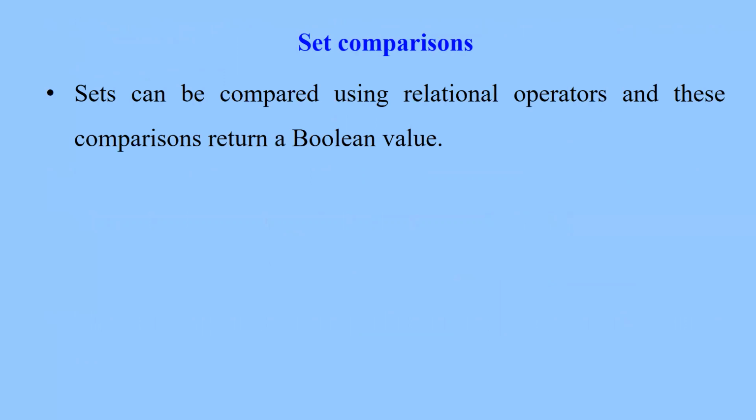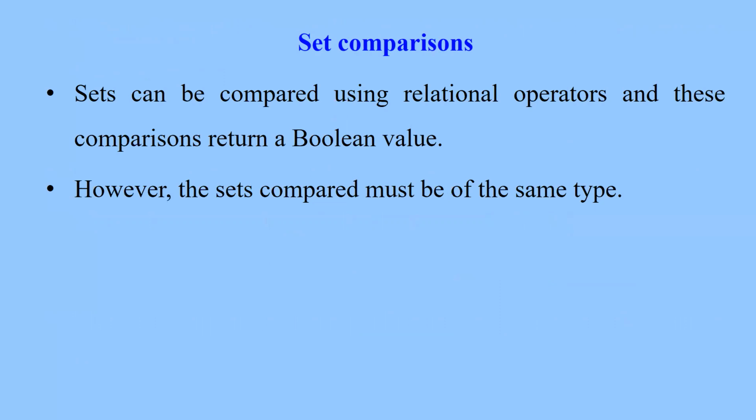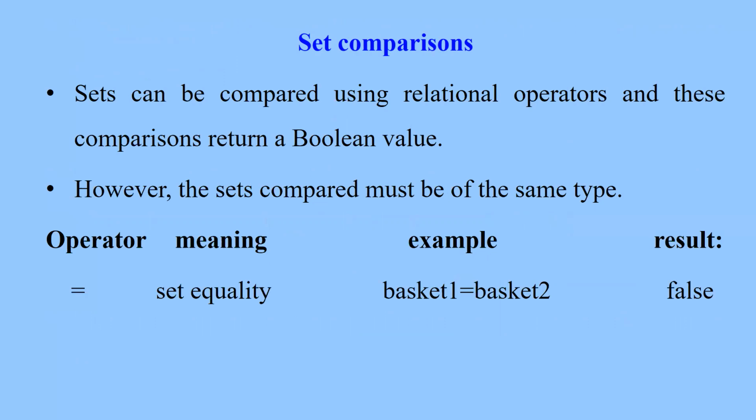Let's now look at set comparisons. Sets can be compared using relational operators, and these comparisons return a Boolean type. It is either true or false. However, the sets compared must be of the same type. So let's look at the operators that we use and examples.